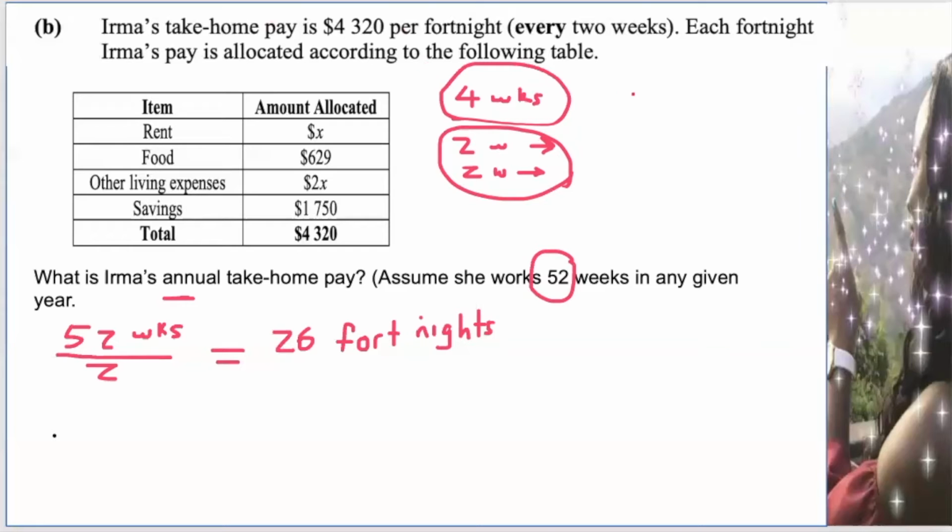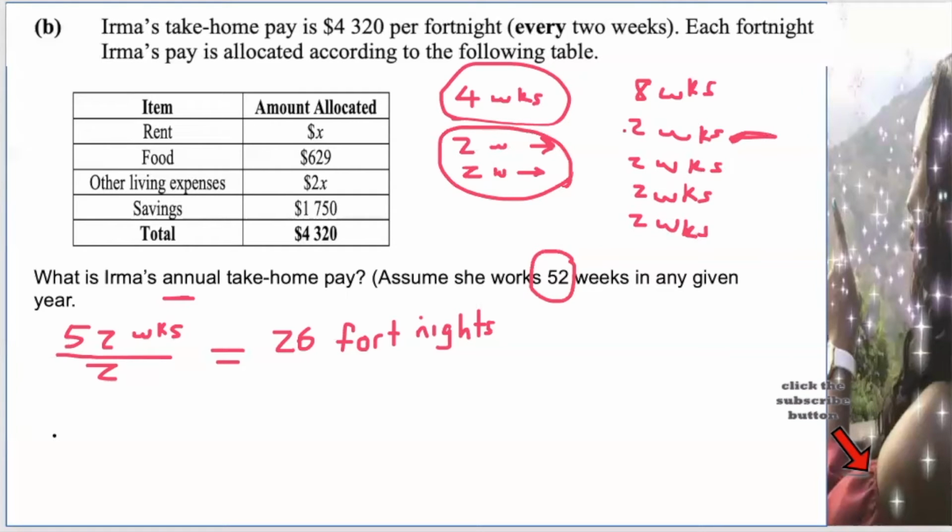So if we have 8 weeks, every 2 weeks I get paid, and then another 2 weeks I get paid, and then another 2 weeks, and then another 2 weeks. So this is telling me I get paid 4 times. So rather than doing the breakdown, I could have just divided this by 2, and that will give me the number of times I've gotten paid for 8 weeks.